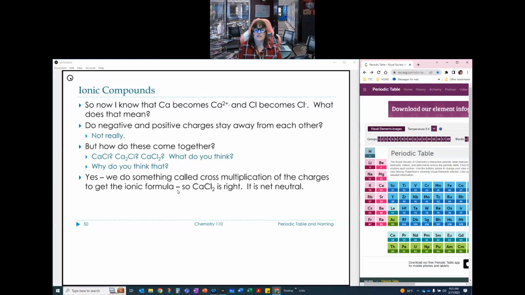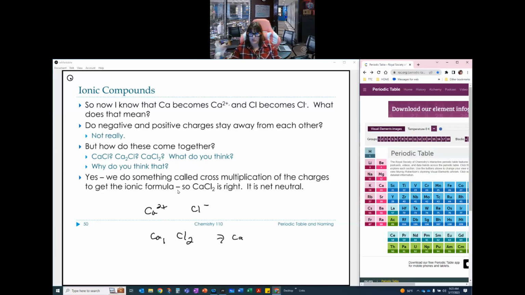Okay. So that's how that's going to work, right? We need to make sure that we have the same thing. So we do something called cross multiplication, right? And you'll see me do this. So I have a Ca2+, I have a Cl-. So this -1 becomes the subscript for the Ca, there's a 1 there because there's a -1, and the charge on Ca becomes the subscript for Cl, a 2.